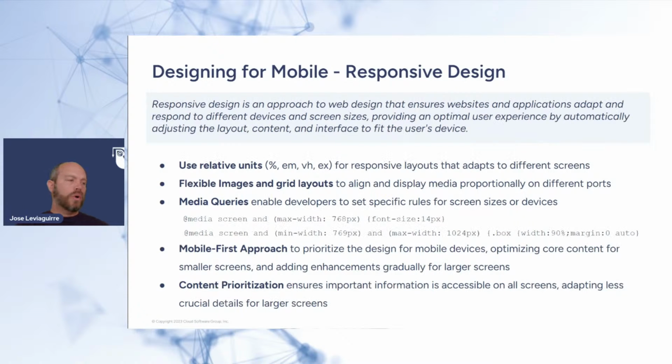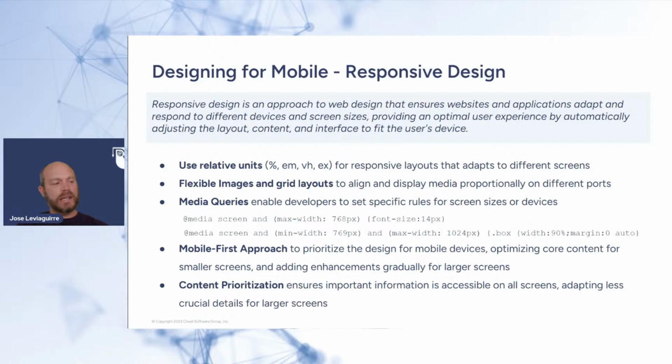Okay, so now some a little bit technical concepts about designing for mobile and responsive design. Responsive design is an approach to web design that ensures websites and applications adapt and respond to different devices and screen sizes, providing an optimal user experience by automatically adjusting the layout, content, and interface to fit the user's device.